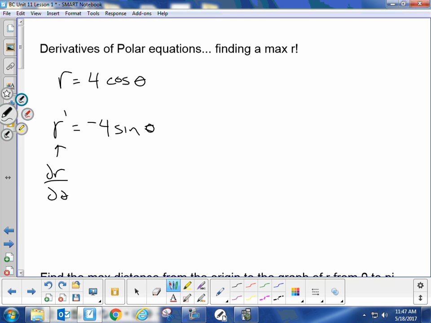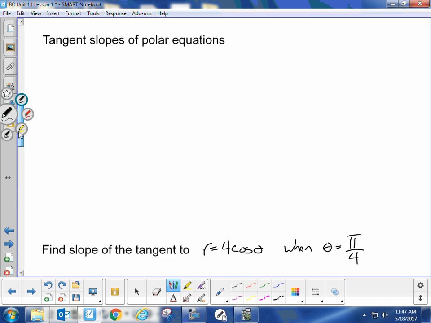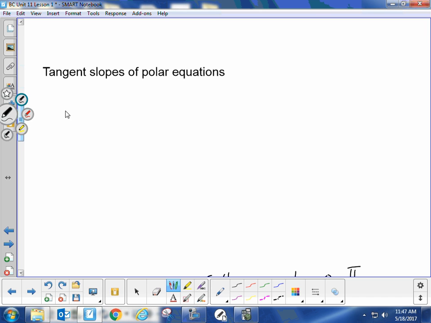So what do I have to do to get a slope of a tangent? Well, I'm going to have to use y equals r sine theta, and I'm going to use x equals r cosine theta.